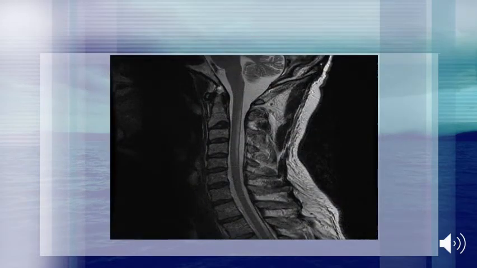This slide shows you an MRI image of the spinal cord, which shows that the lesion affects the dorsal and dorsolateral part of the spinal cord due to vitamin B12 deficiency, which leads to subacute combined degeneration of the cord.